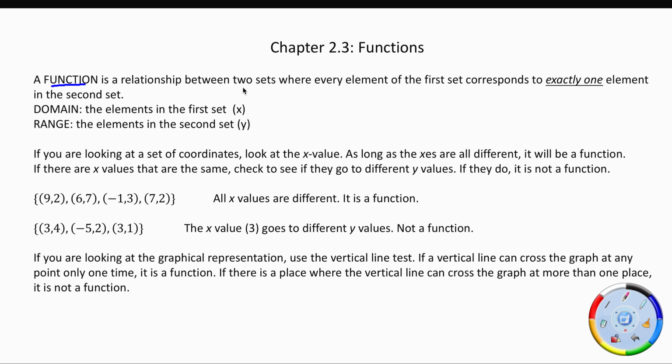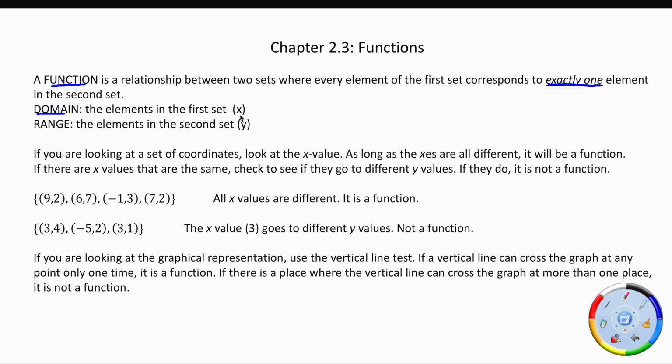is a relationship between two sets where every element of the first set, and here's what makes it a function, corresponds to exactly one element in the second set. Domain is what we call the elements in the first set; for our purposes, it's going to be x.